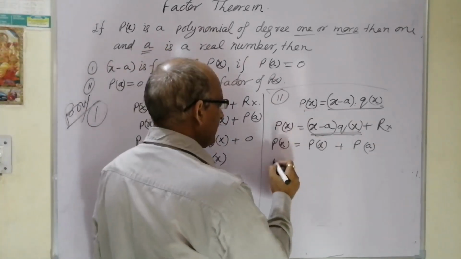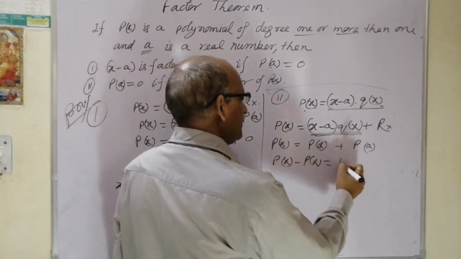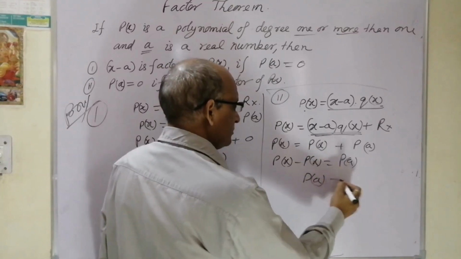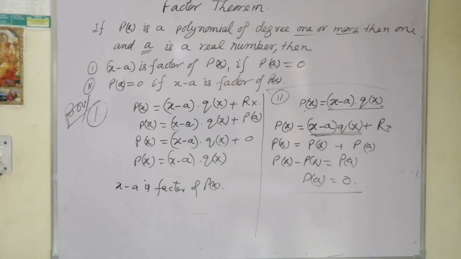So shifting it here, I will get p(x) minus p(x), that is p(a), means p(a) is equal to 0. So that is all for this factor theorem. The factor theorem says x minus a will be a factor if p(a) is 0, and p(a) will be 0 if x minus a is a factor.